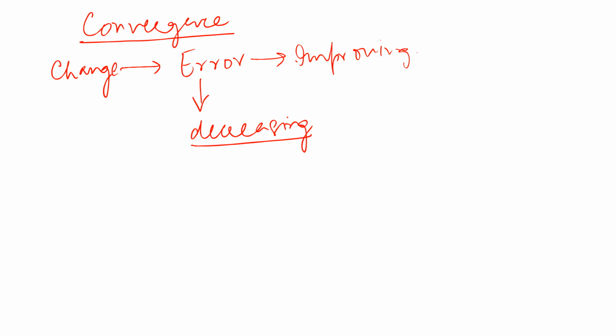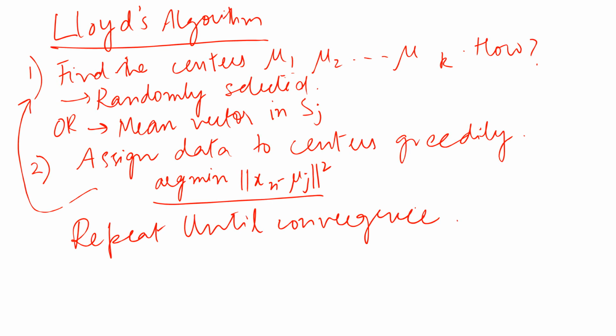We can at times get the issue of local minima, depending on the data distribution. So we are not guaranteed optimal all the time, but we do get a good solution with this algorithm. And this is known as, again I'm repeating, Lloyd's algorithm. All we have to do is begin with some randomly selected centers and then assign data greedily.